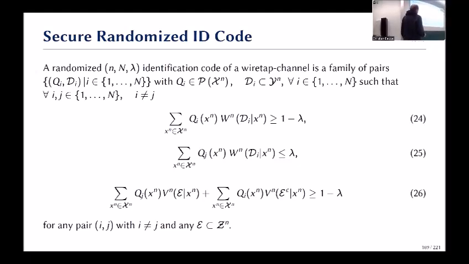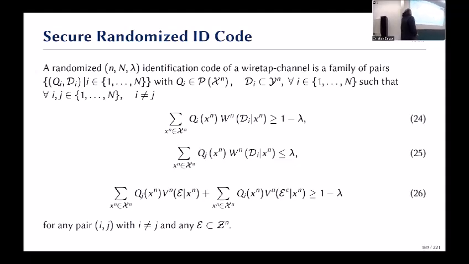for all i from 1 to N, these are the messages, and for all i not equal to j, we have two conditions here. This is again the error of the first kind, and this is the error of the second kind. Here, for simplicity, we assume that they are the same. Before, I denoted this by lambda 1 and this by lambda 2. This comes from the channel noise, and this comes from the decoding scheme.